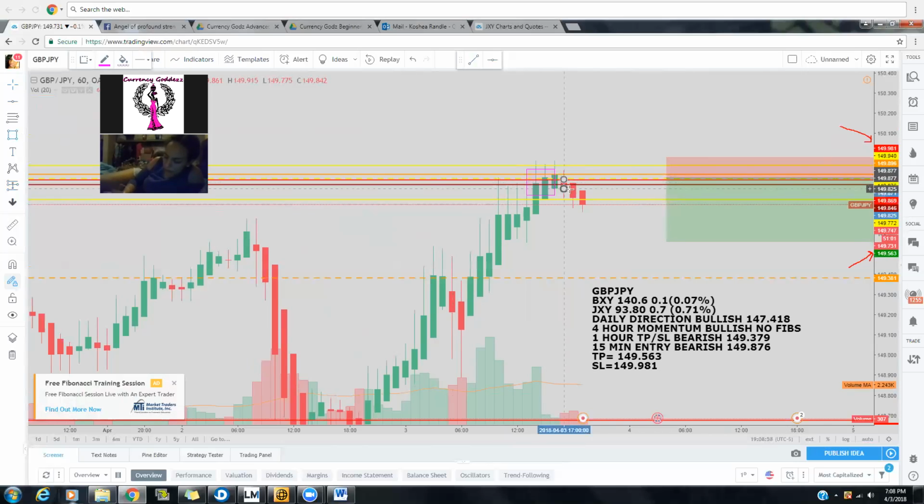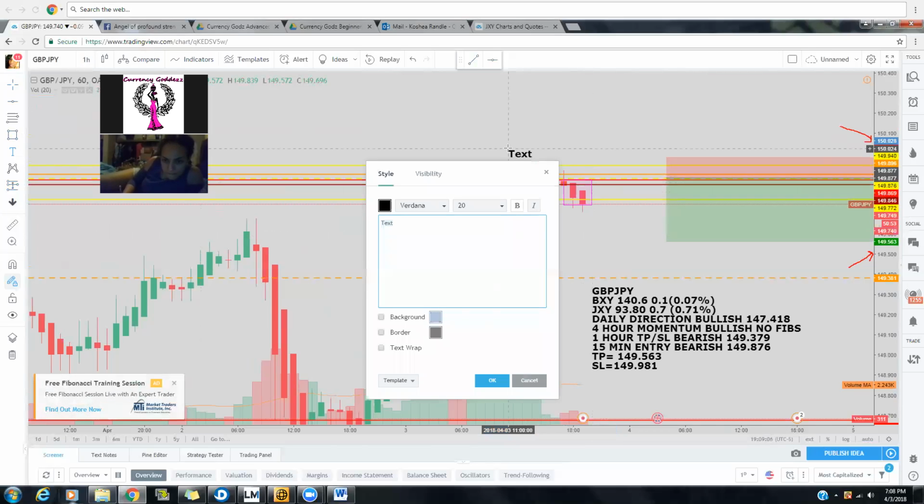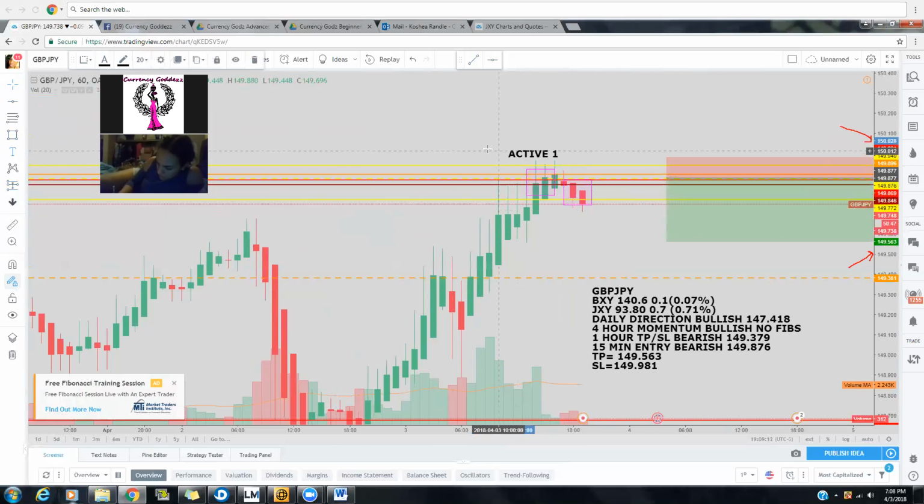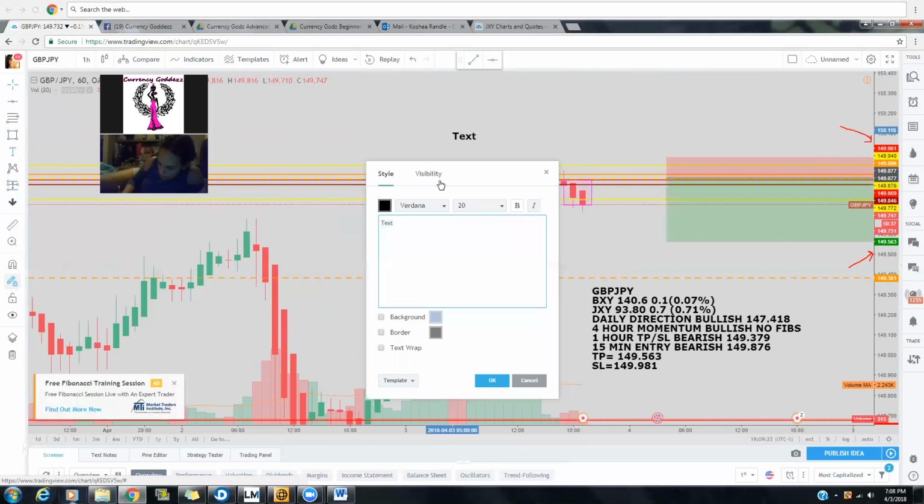So now these are on pause. So this one's active if these 3 candles weren't there, but since they are, now you would say they're on pause.